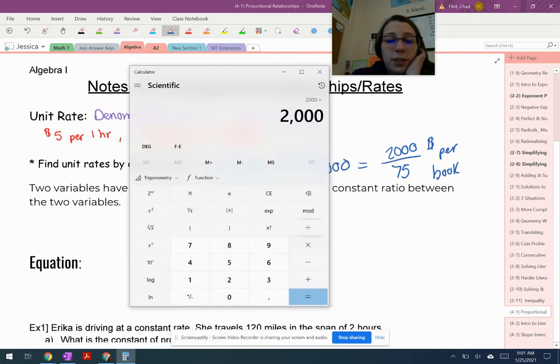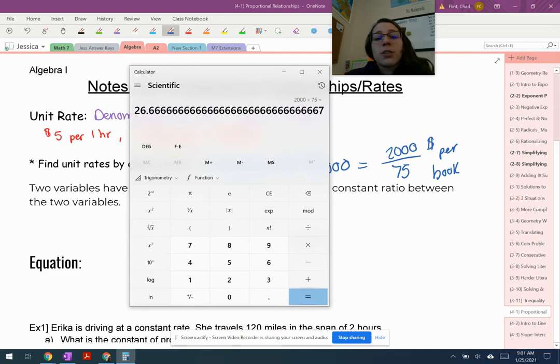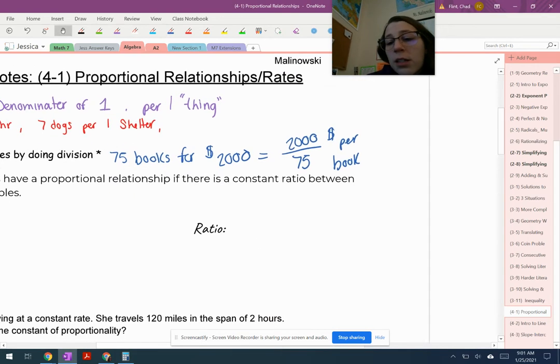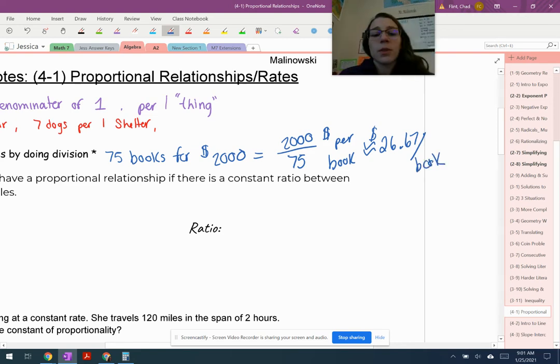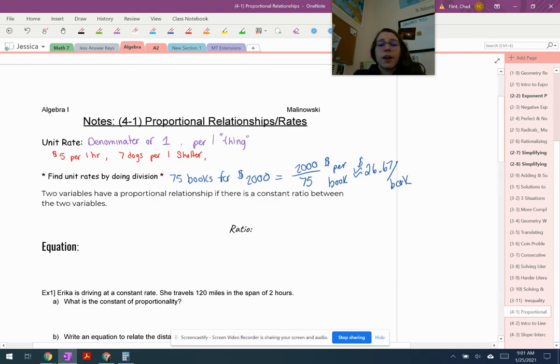So approximately $26.67 per book, right? Division to find that unit rate there.